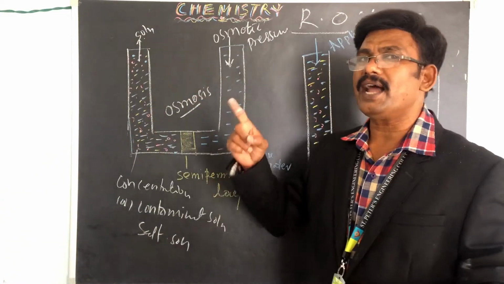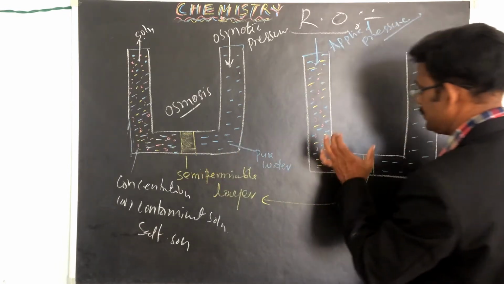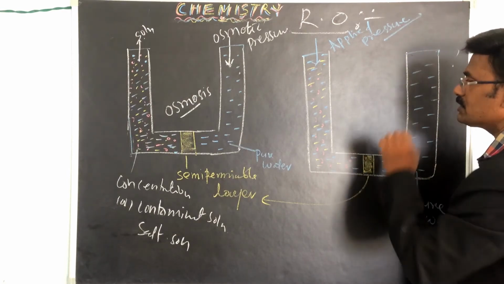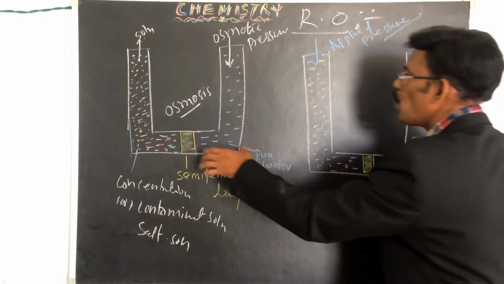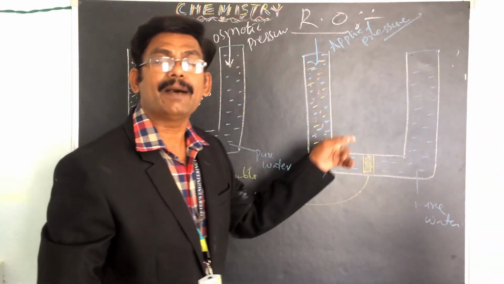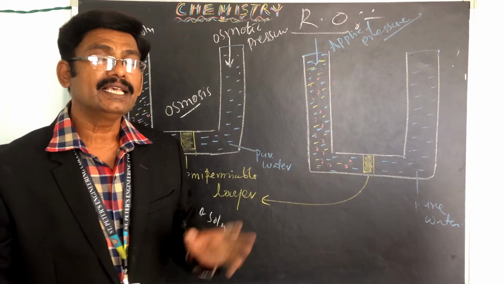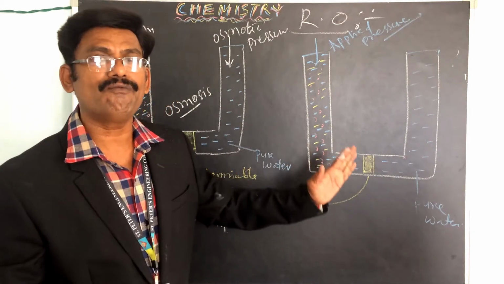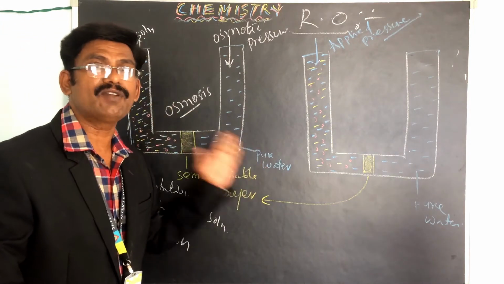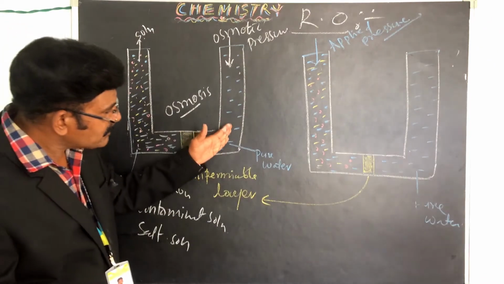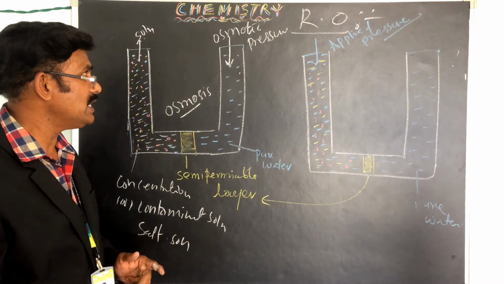When two solutions of unequal concentrations, one more concentrated and one less concentrated, are kept separated by a semi-permeable membrane, the solvent flows from the region of lower concentration to higher concentration. This is known as osmosis.